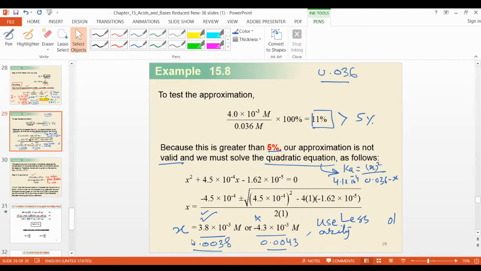If it is less than 5%, our approximation is correct, so we remove minus x. If it is greater than 5%, then don't remove minus x; you have to use the quadratic equation, take the positive x value, and use it to calculate pH. Clear? All clear? Clear.